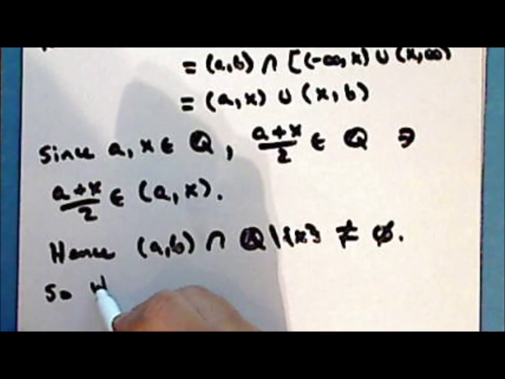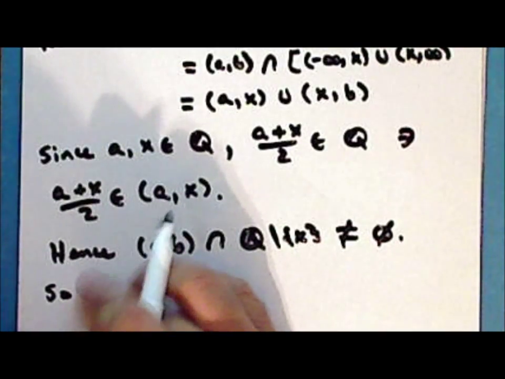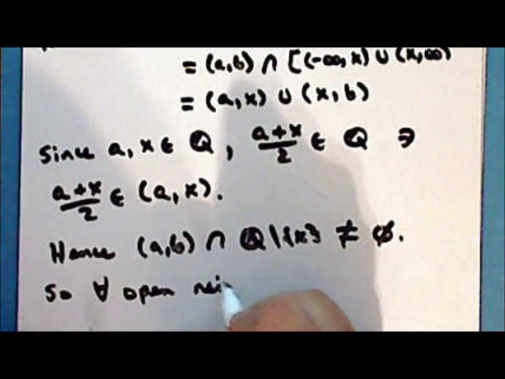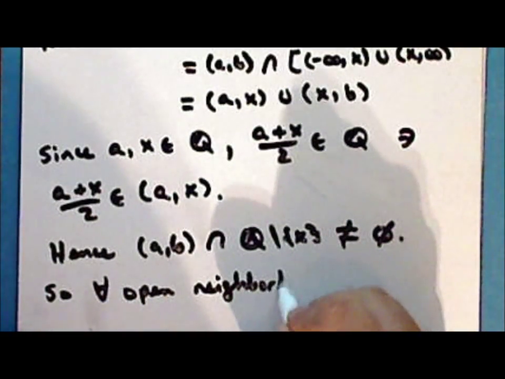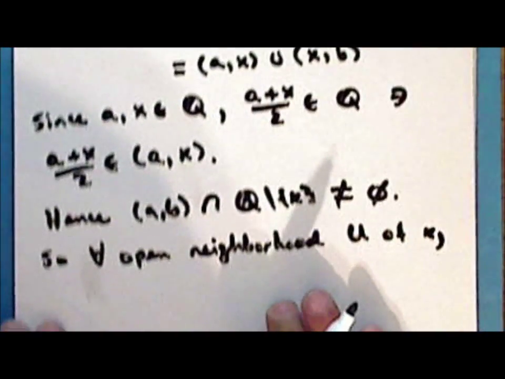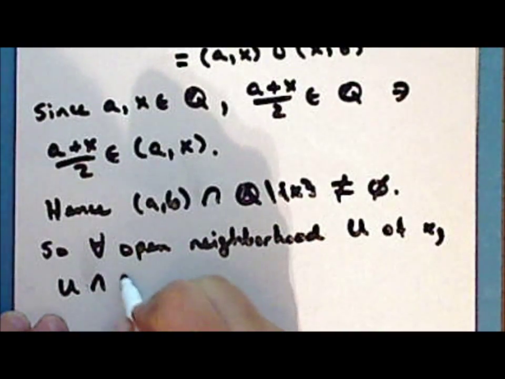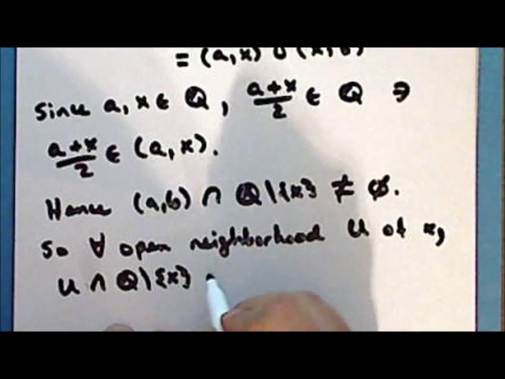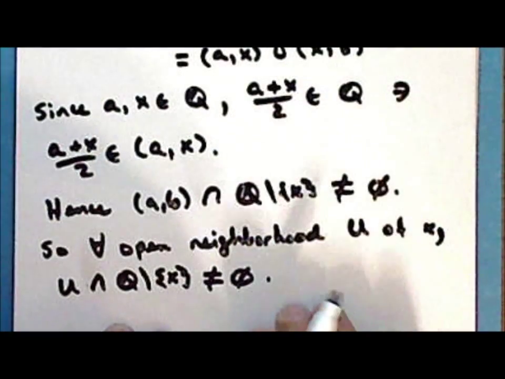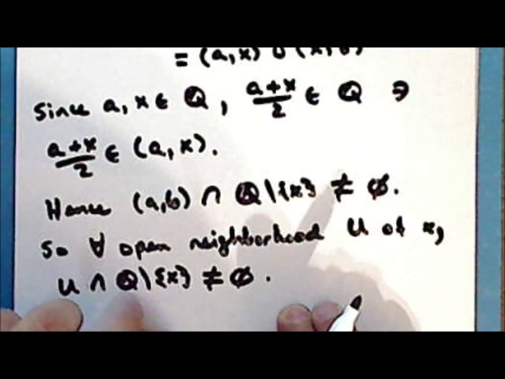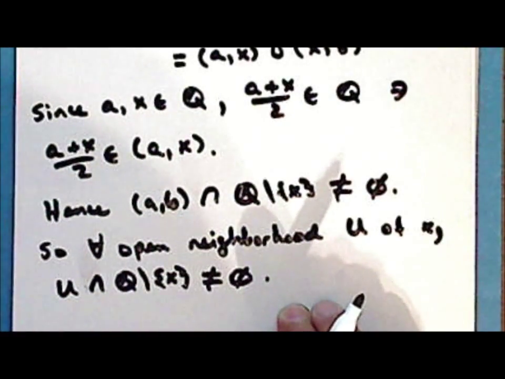And so for every open neighborhood U of X, the intersection of that neighborhood with the complement of the singleton containing the point X is not empty, since every open neighborhood contains an open interval which intersects the complement of the singleton in the space of rationals.